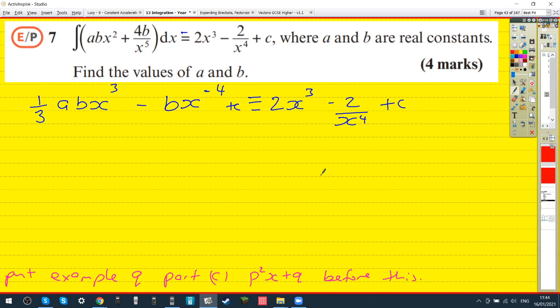You could change minus 2 over x to the 4 to minus 2x to the minus 4. Correct, yeah. Would that make it easy? Yep. So the c's cancel out.